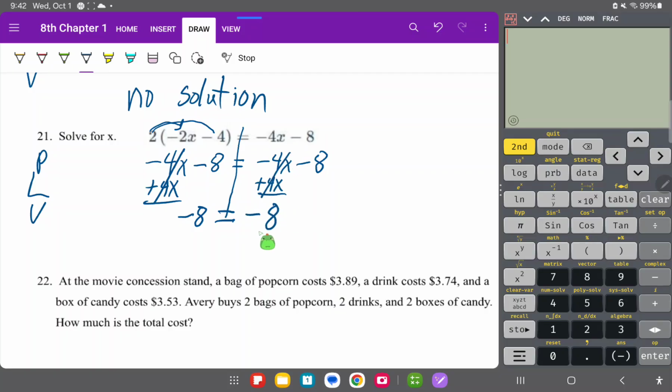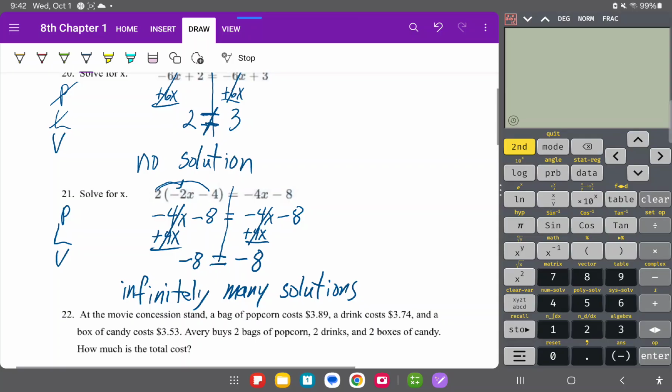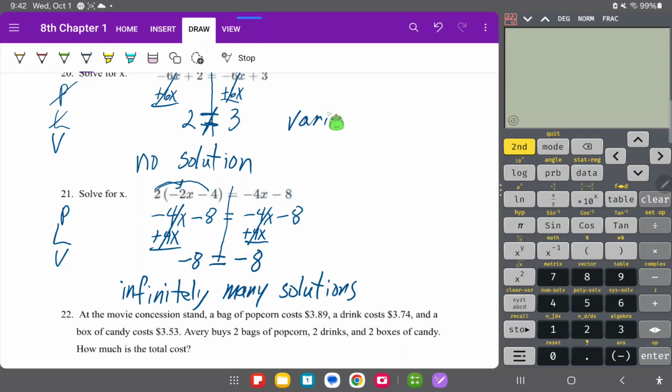But this time, they are equal. So when they are equal, that means there's infinitely many solutions. Okay.